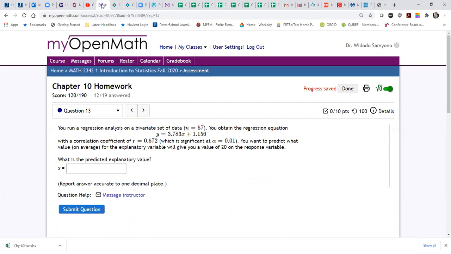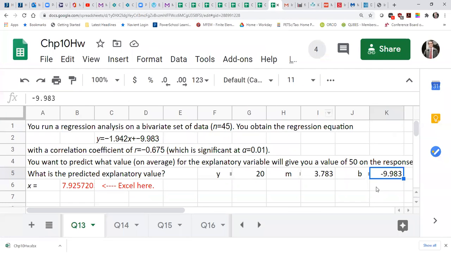And then the b is 1.186. So the x will be this one here. I already put the formula, so automatically you can find the x.